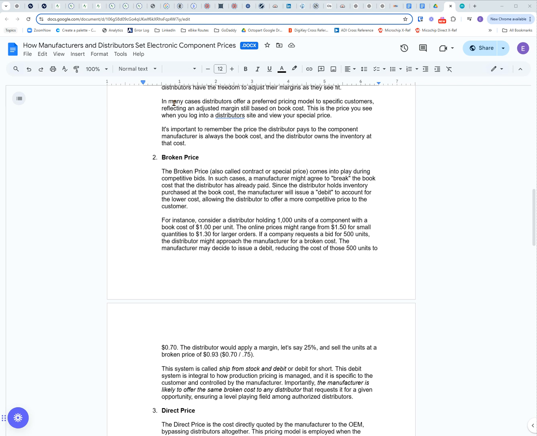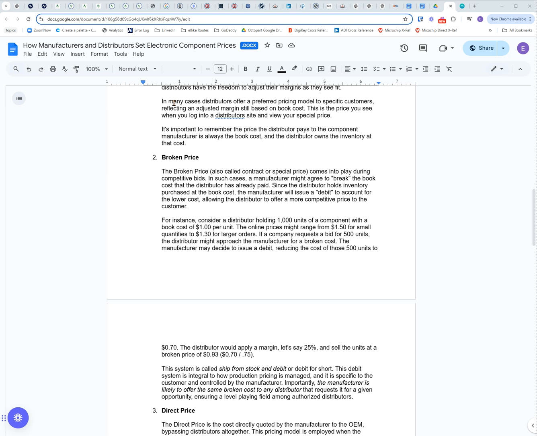And since the distributor holds the inventory at the book cost, the manufacturer needs to issue them an accounting debit to essentially refund them back the cost, and that lowers their cost basis, allowing them to offer a more competitive price.